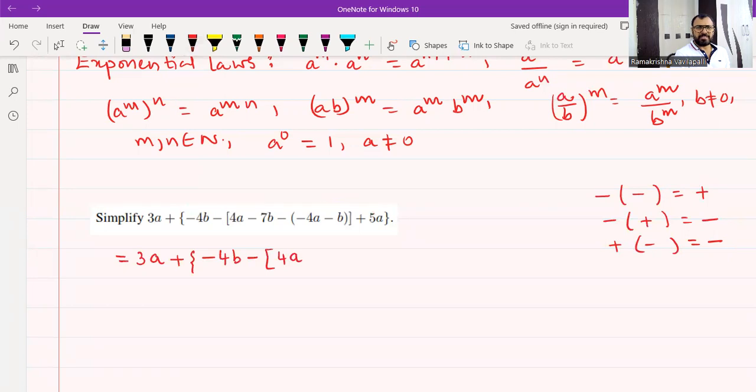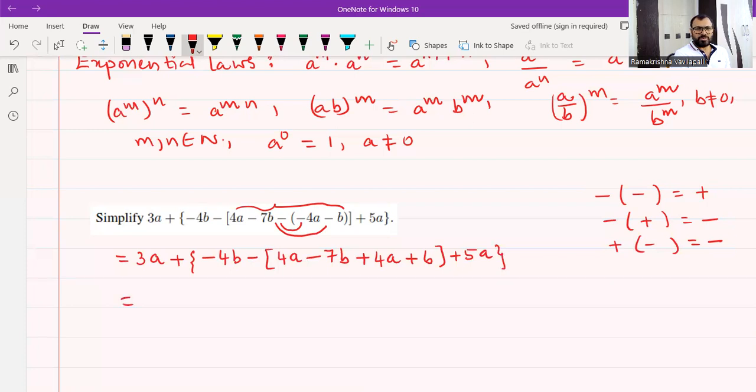First we'll simplify the innermost bracket: 4a minus 7b. Here you see minus of minus plus 4a. Again minus of minus plus b. Bracket closed here, plus 5a, and again curly bracket, flower bracket.